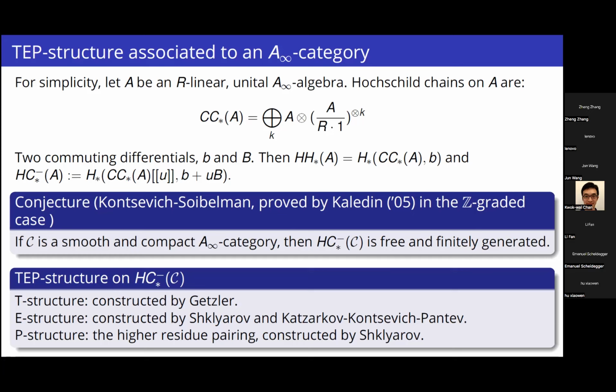And then you take the total differential, which is b plus u times capital B. So in some way, cyclic chains form a bicomplex with the differential small b and the differential big B. And you take the total homology of that complex. Note that there, for example, is a natural map from negative cyclic homology to Hochschild homology by setting u equal to 0. Sorry if that was confusing.